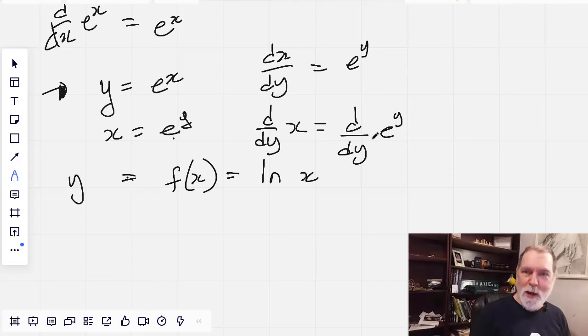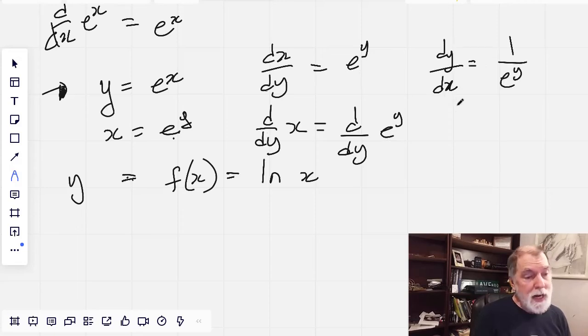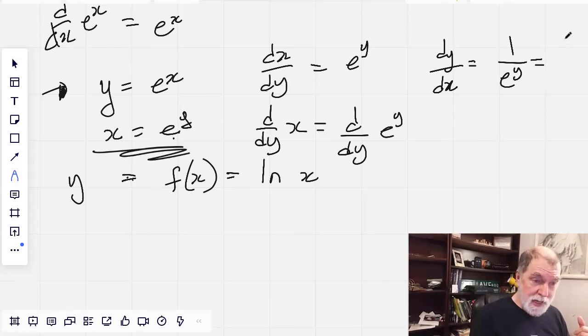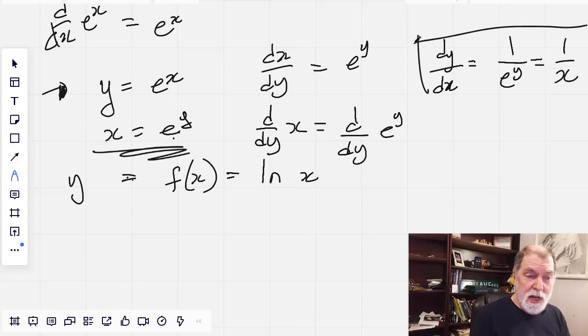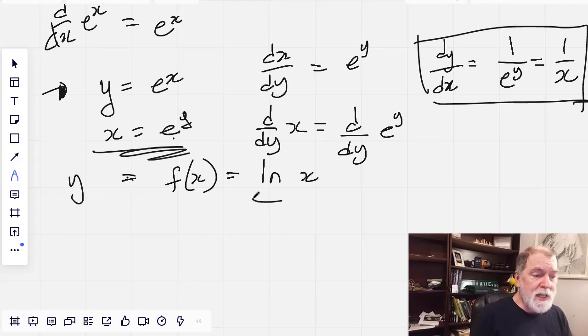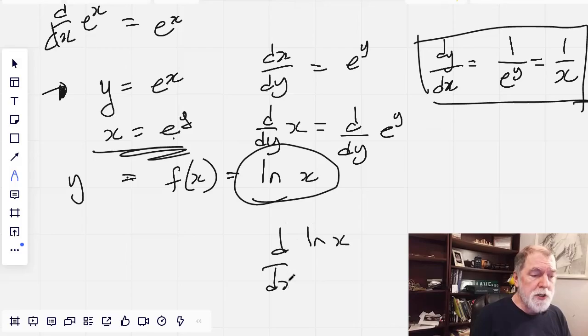Okay, but we want dy by dx, so let's just take the reciprocal. dy by dx is 1 over e to the y, but what was e to the y? Well, we said it over here. We defined it as x. So dy by dx is 1 over x. That's the derivative of this log function.